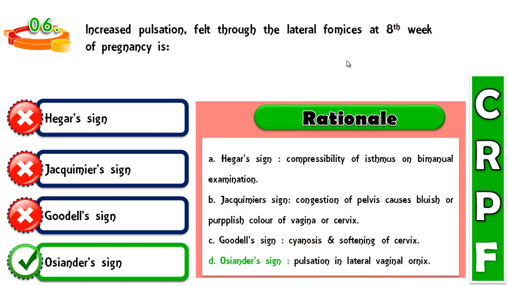The other options: Hegar's sign is compressibility of the isthmus on bimanual examination, Jacquemier's or Chadwick's sign is congestion of the pelvis causing a bluish or purplish color of the vagina or cervix, and Goodell's sign is cyanosis and softening of the cervix.